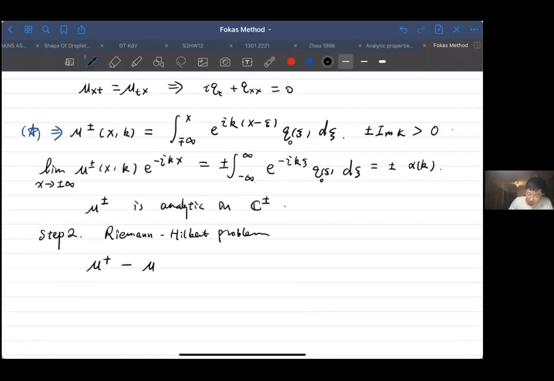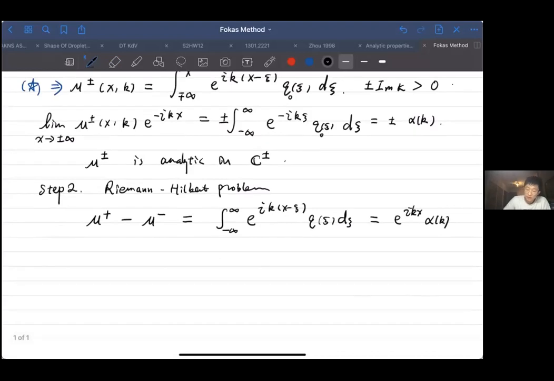So you just subtract mu plus by mu minus. You will easily see this is just the integral from minus infinity to infinity of e to the i k x minus c q c. So this is e to the i k x alpha k. So from this RHP, we can easily solve the equation.